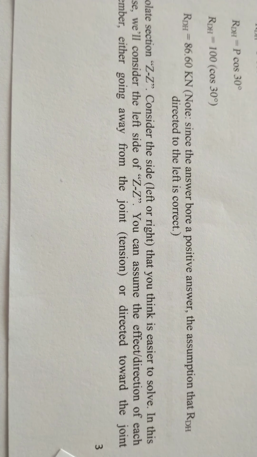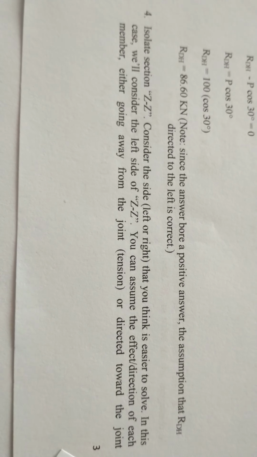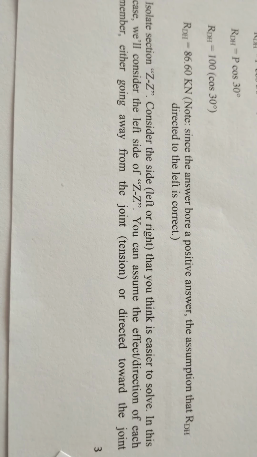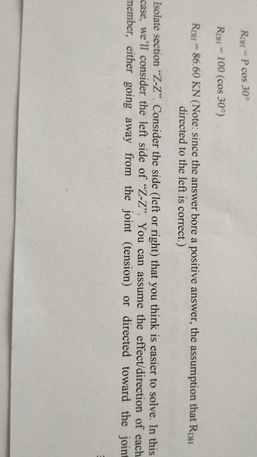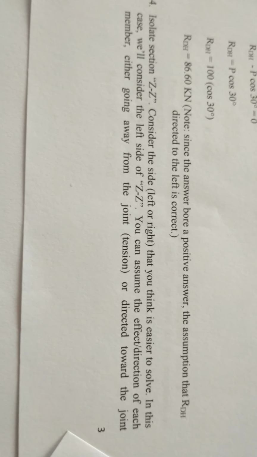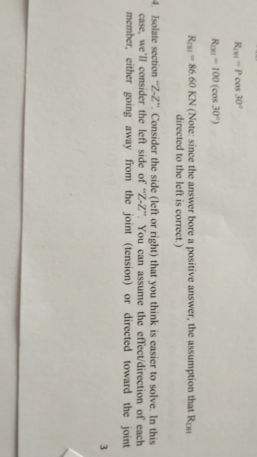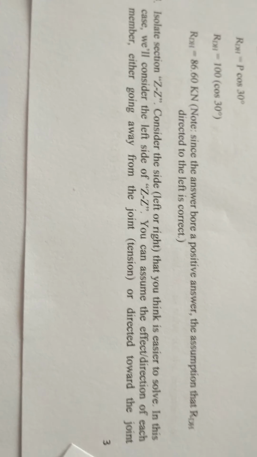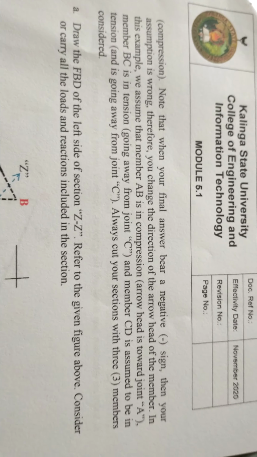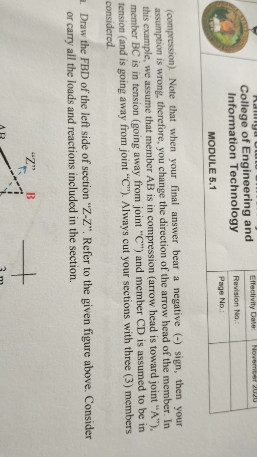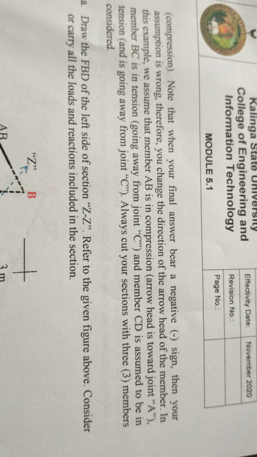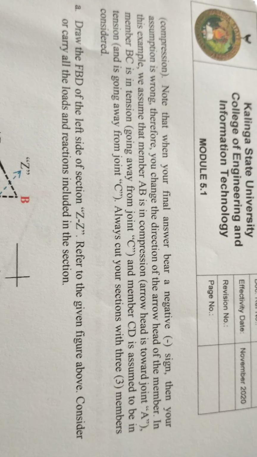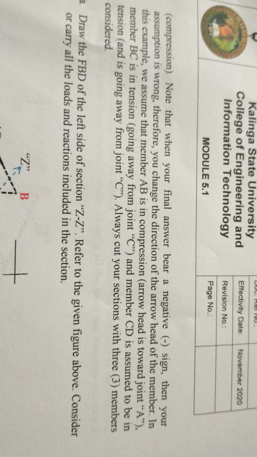You can assume the direction of each member either going away from the joint, which means tension, or directed towards the joint if it is in compression. Note that when your final answer bears a negative sign, then your assumption is wrong. Therefore, you change the direction of the arrowhead of the member.